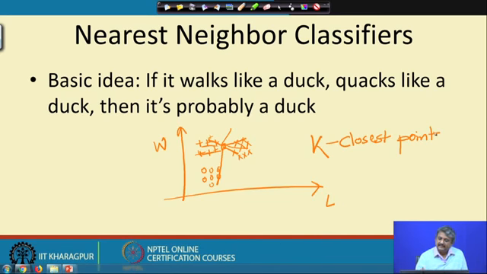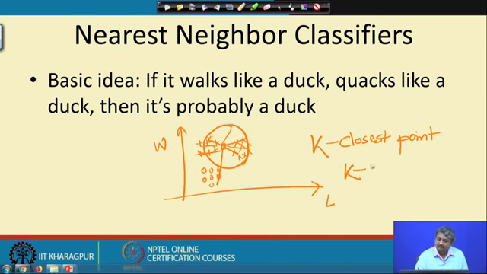Okay. Because I am sorting them and finding the kth closest point, I draw a smallest circle with the new point at the center enclosing these k closest points.